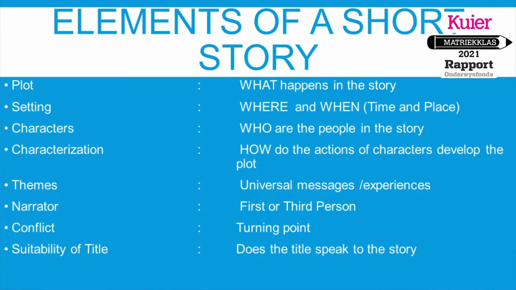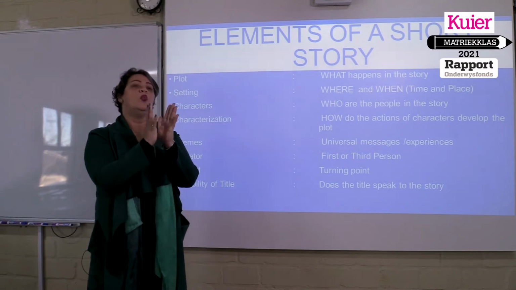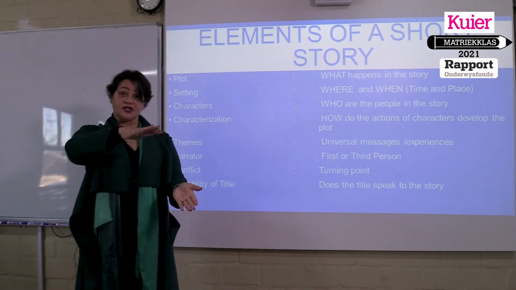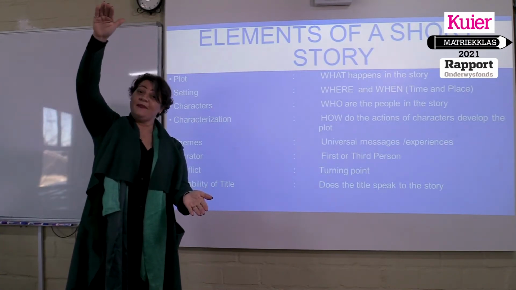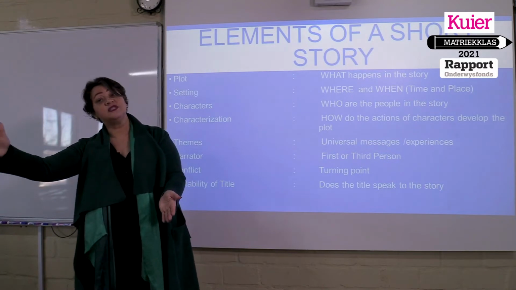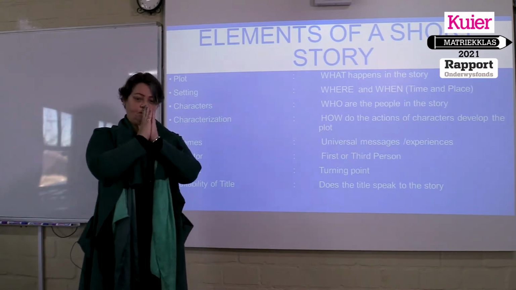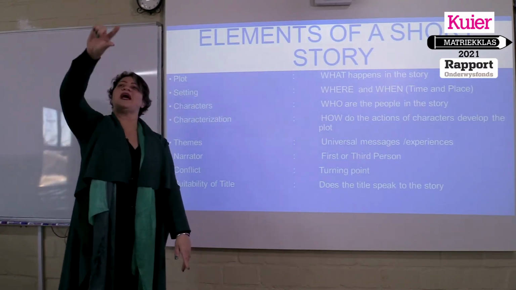Plot. What happens in the story? Your plot will be comprised of your introduction, your rising action, your climax, your falling action, and your denouement or your conclusion. You've seen me draw that little triangle.